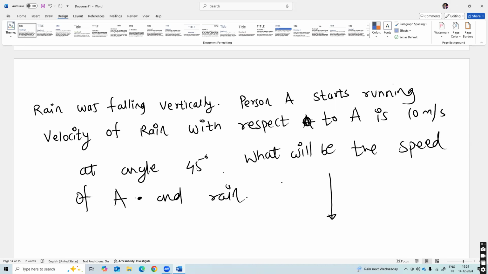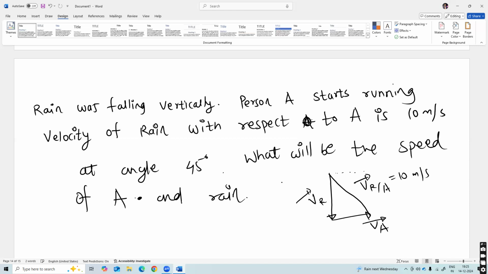Let's say this is velocity of rain VR, this is velocity of person VA, and they have given us this velocity, which is VRA, velocity of rain with respect to person, equal to 10 meter per second. So for this triangle, they have given hypotenuse equal to 10 meter per second. And one more thing, this relative velocity is making an angle of 45 degree.